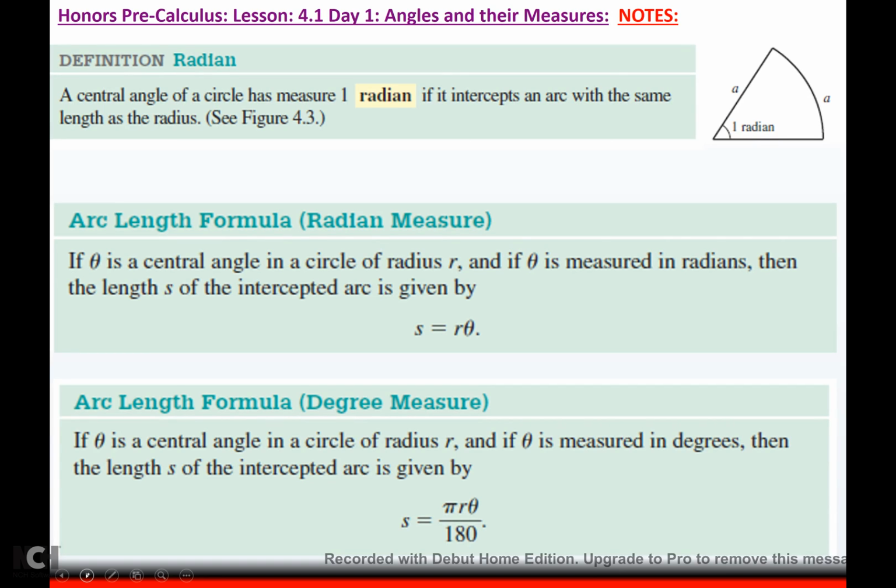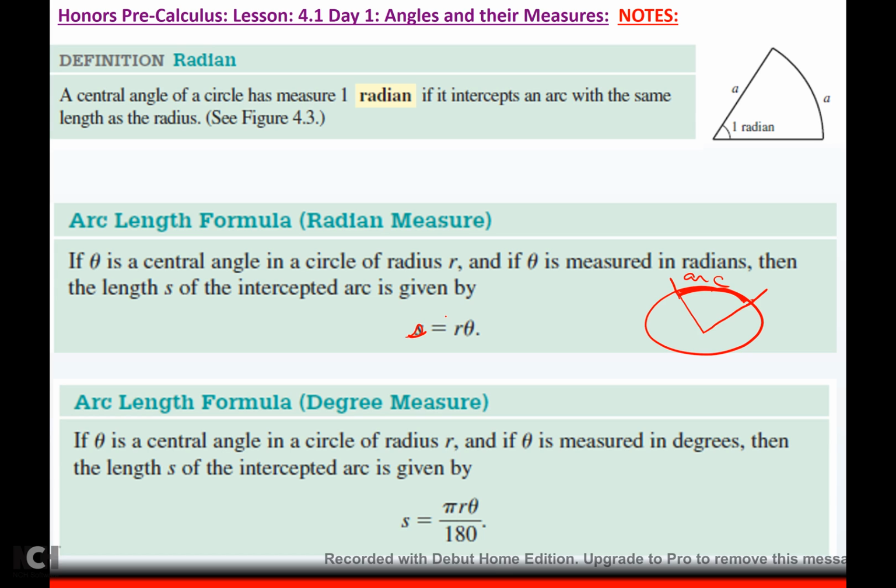Alright, here's where I thought we were talking about a little while ago. Arc length, okay? If you take a circle and you make a sector or a piece of the pie, this crust of the pie is what we call an arc. To figure out the length of that arc, they use the letter S for arc length. I don't know why they used an S for something that starts with an A, but they did.